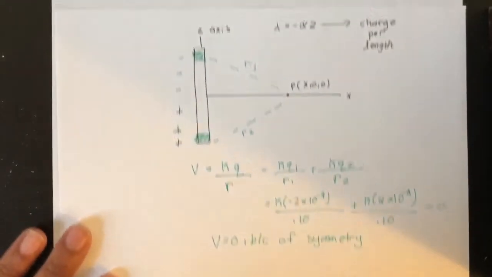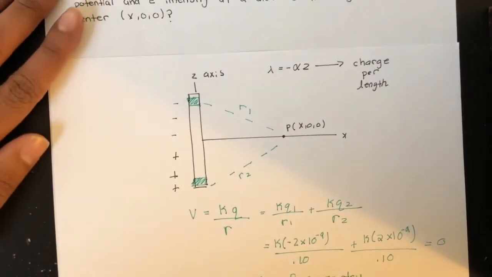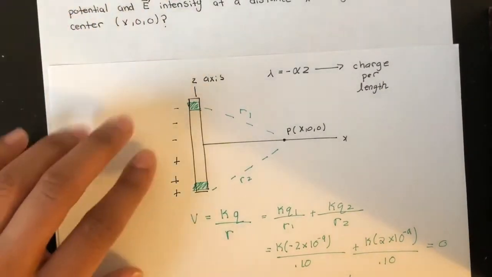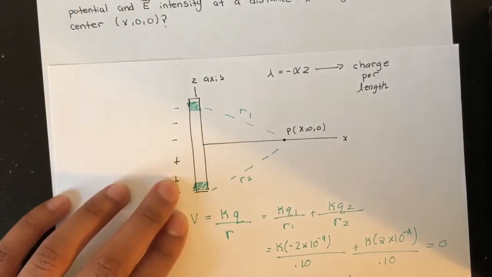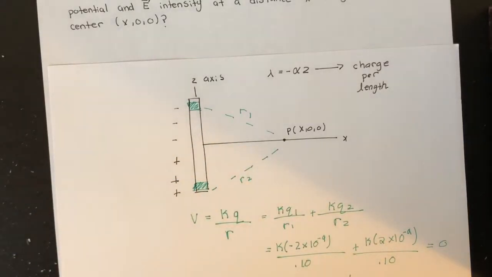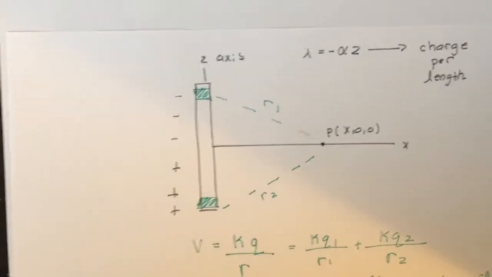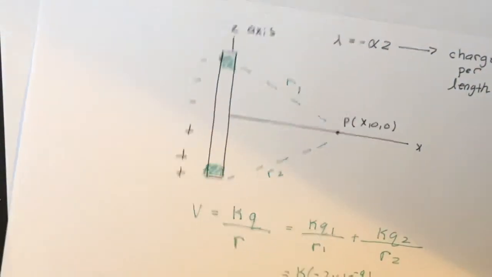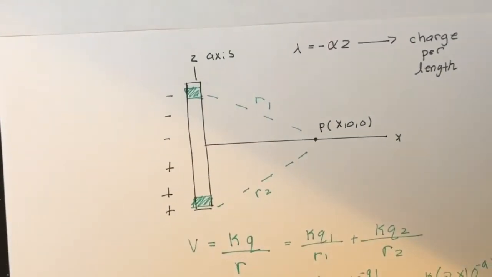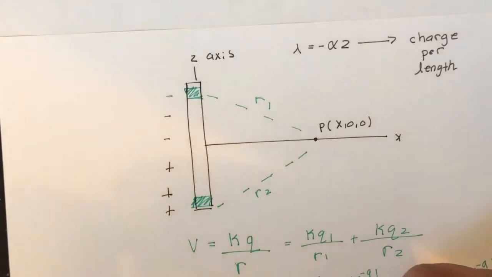I'm going to move back to the diagram because we're going to find the electric field of this line charge at a distance x away from the center. So zoom in. So let's say we're going to pick a tiny element of our line charge.